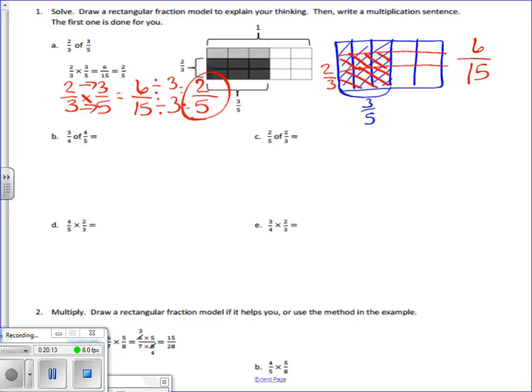I want you to practice doing the picture just because it's good practice to have. The picture just backs up the math. It's not always going to ask you to do the picture, it's just good practice.